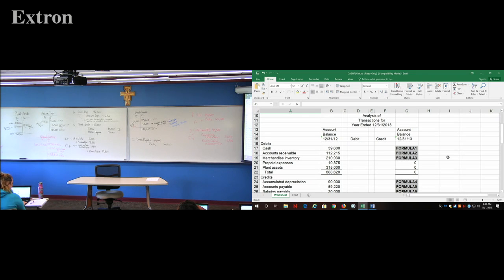However, we need to add our debits and credits in here. So those journal entries that I've been giving you, we actually need to input them somewhere. So, for cash, for example, let's just do this one so I can sort of demonstrate.